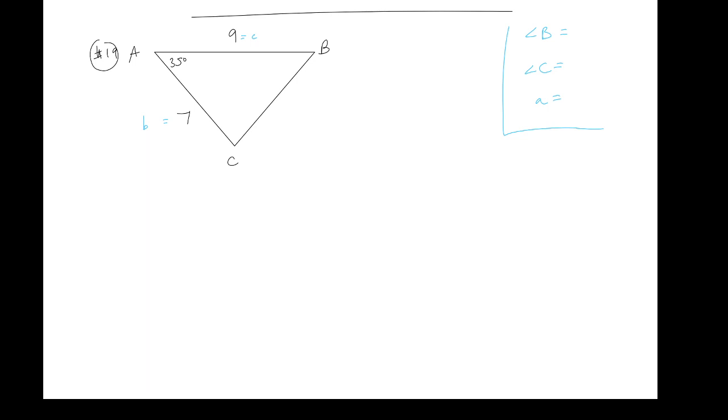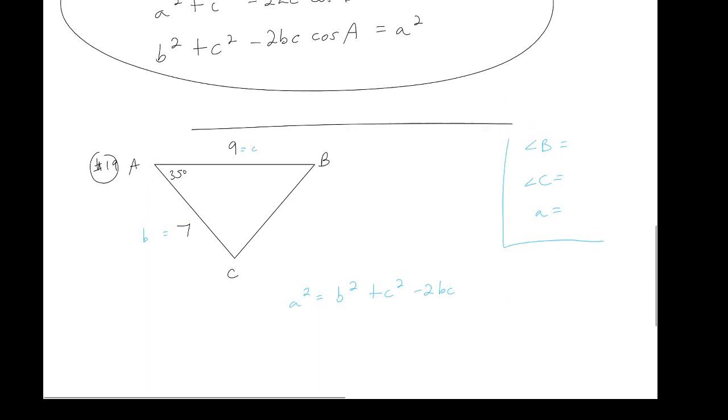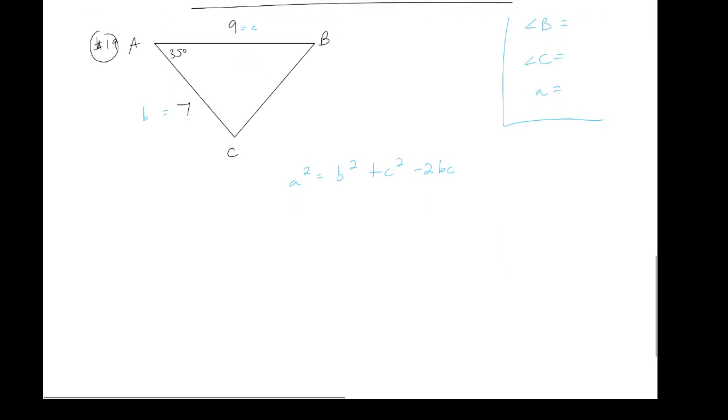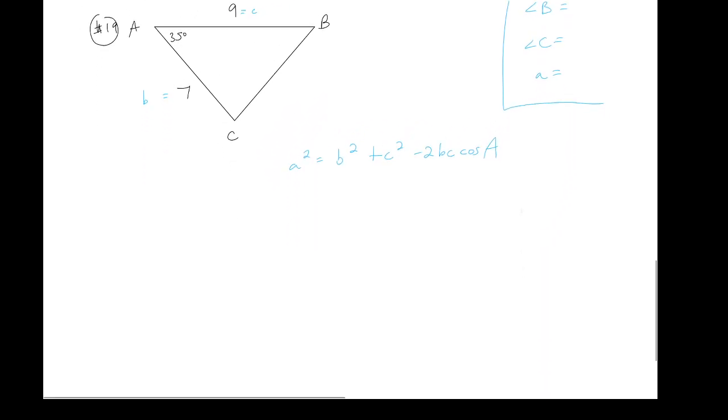So we could say a squared is equal to, remember, it's going to be b squared plus c squared minus 2bc, right? So that part I think is pretty straightforward. And then it's bc, and then it's the cosine of the angle opposite here, and that's going to be your law of cosines, right?